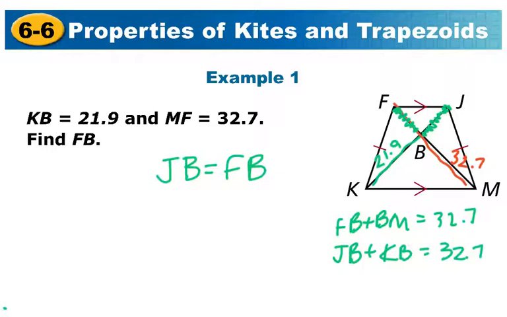But we already know that KB is 21.9. So if we know that KB is 21.9, JB is going to have to be 32.7 minus that 21.9. And so our JB is going to be 10.8, or our FB is also going to be 10.8.